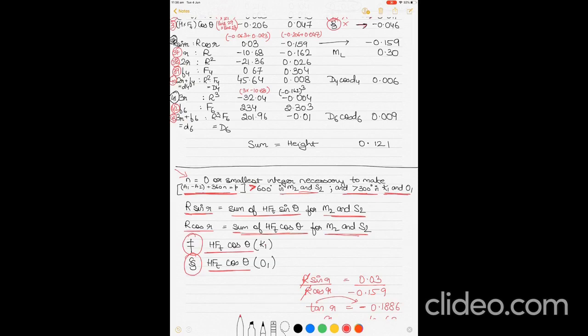Alright, and you get d6 and capital D6, which is 201.96 and minus 0.001.